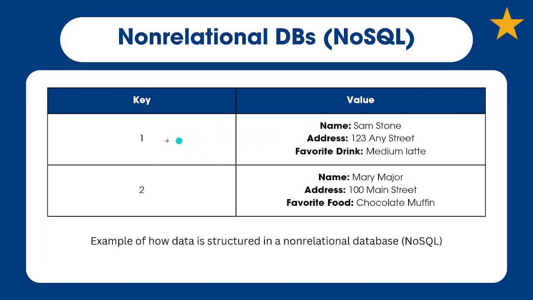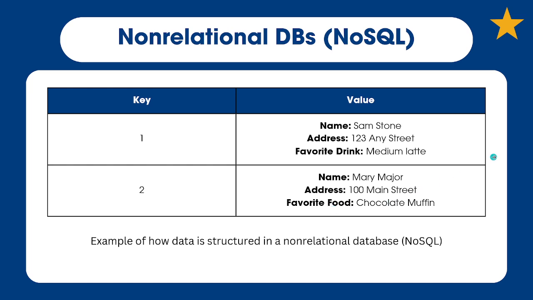JavaScript Object Notation. Here we have the key, and then it's mapped onto multiple values. We use that word map a lot in computing. So name, address, and favorite drink. And notice because NoSQL is more flexible than the table format, these attributes don't have to be the same. So for example, this one has favorite drink, this one has favorite food.